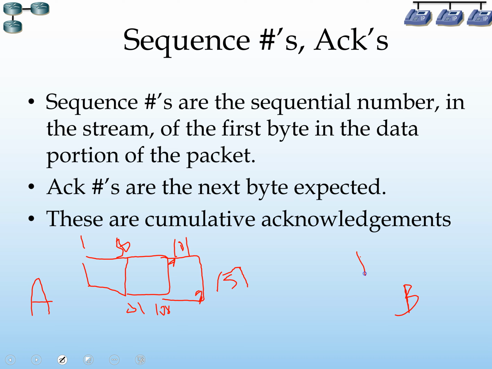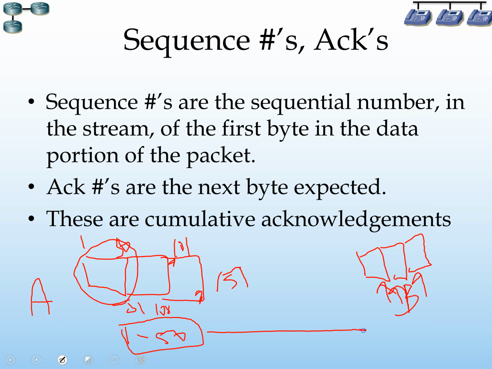And before B can do anything, they're in memory, and he knows he has them. He does not have to acknowledge each one. In other words, if only this first one arrived, 1 to 50, and it arrives all by itself, then B will send an ACK, and the ACK will equal 51, because that's the next byte he receives.